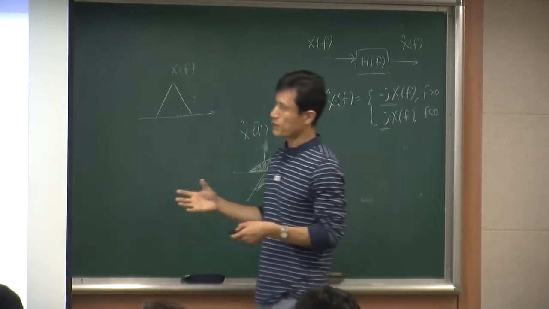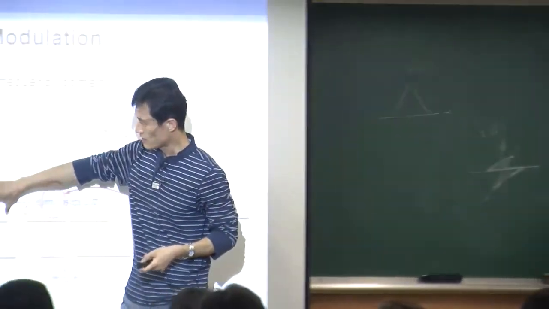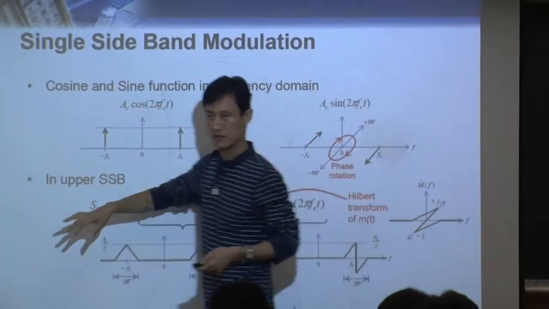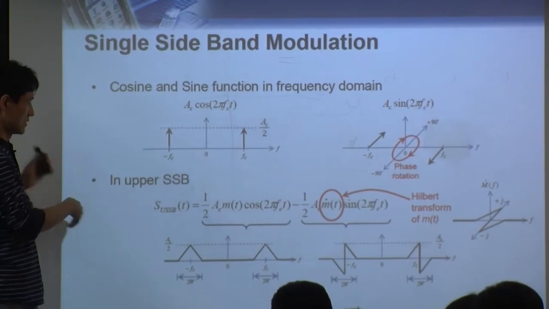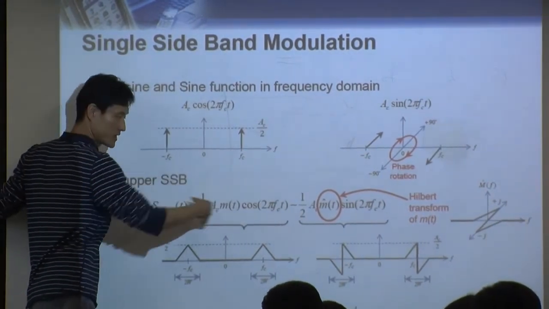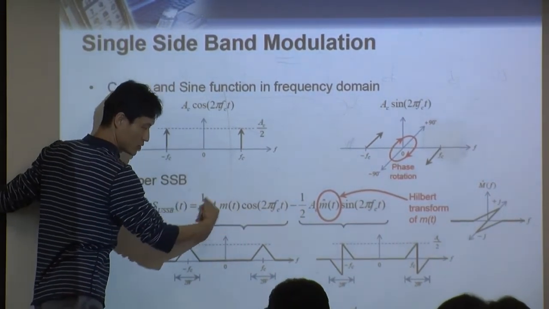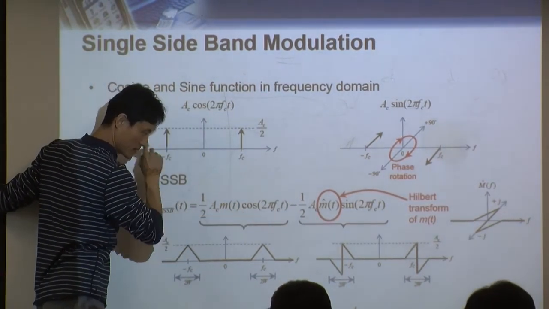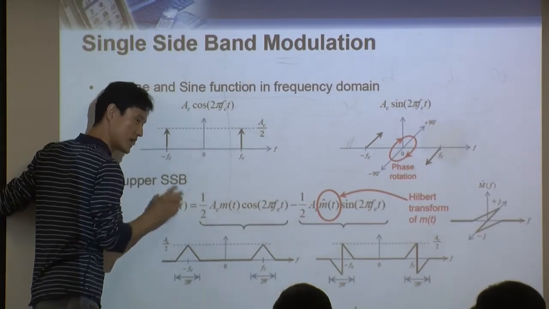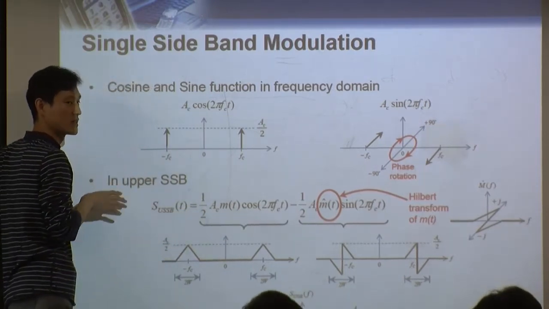Now, what we want to do is come back to our upper sideband. We were discussing the upper sideband before in the previous slide. So this is the upper sideband. Now, when you take a look at the first term, this is message times cosine. So when you do that, this one is actually the same as our previous s(t) in DSB.